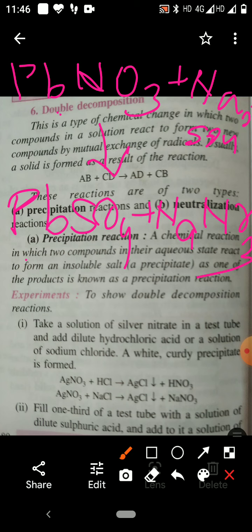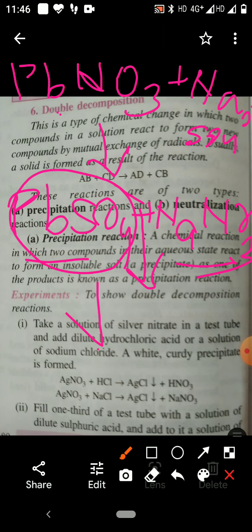So these two products are formed. In these products, lead sulfate is insoluble. It is the precipitate. Therefore, it is shown by an arrow in the downward direction. So this is the precipitation reaction.